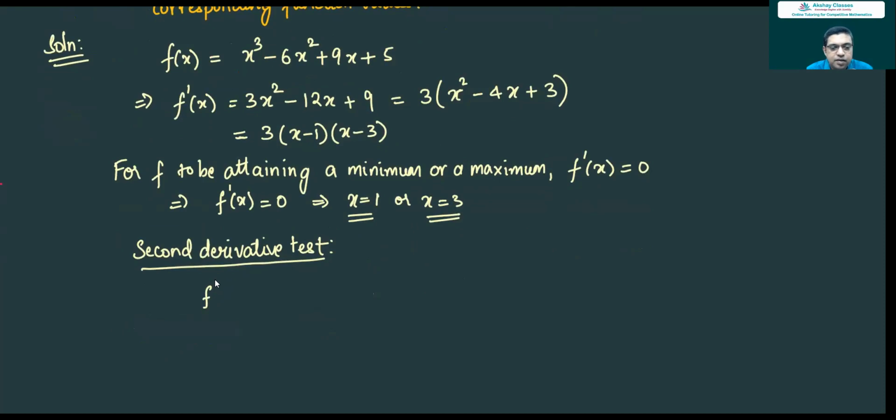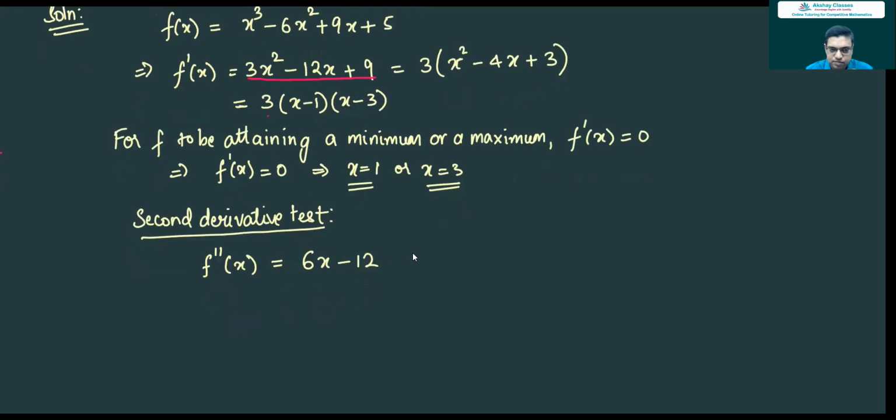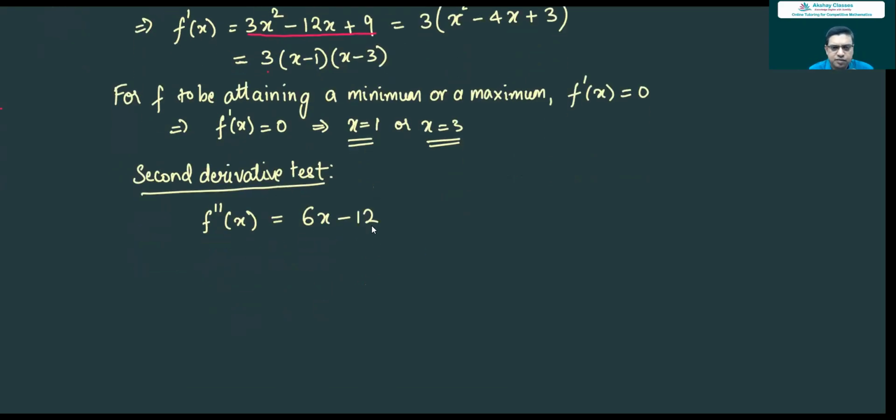For the second derivative, we will not differentiate the factorized part. It is better to differentiate the polynomial form. So you get 6x minus 12. Now the second derivative is 6x minus 12. Now at x equal to 1, the second derivative will be 6 into 1 minus 12, that is minus 6.